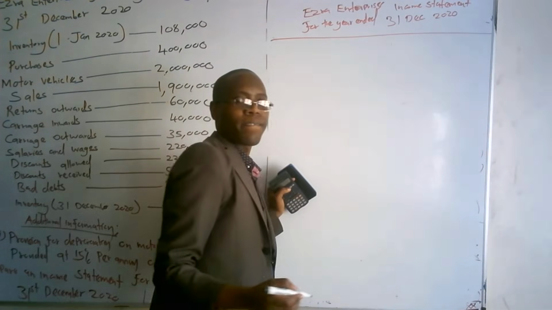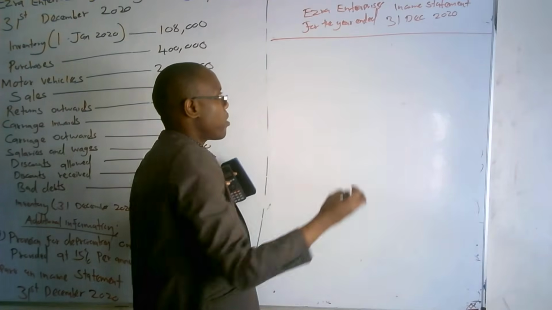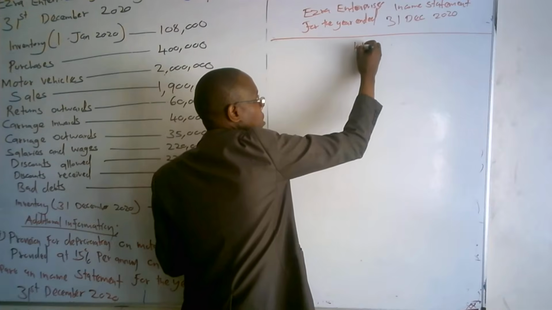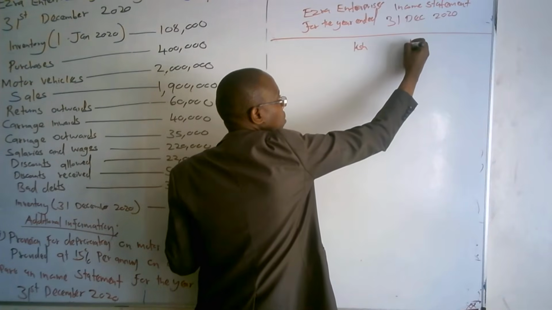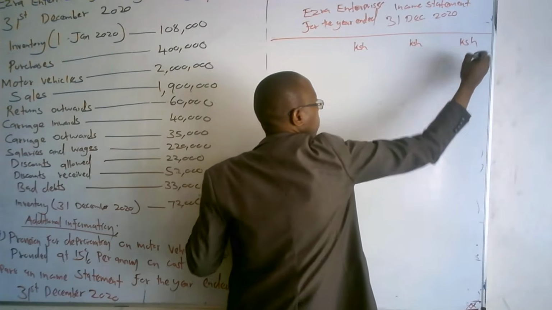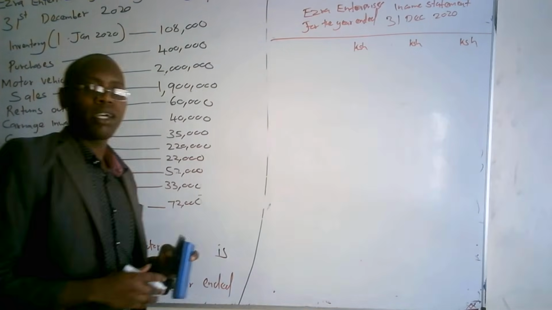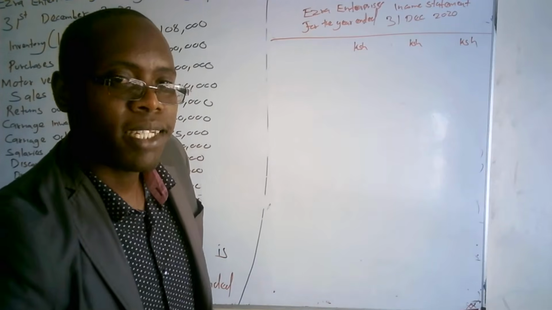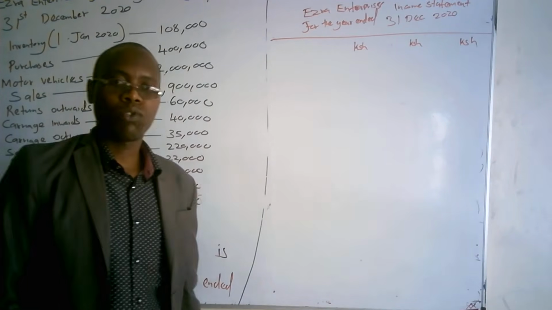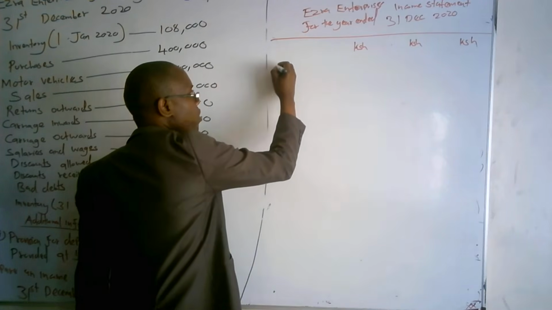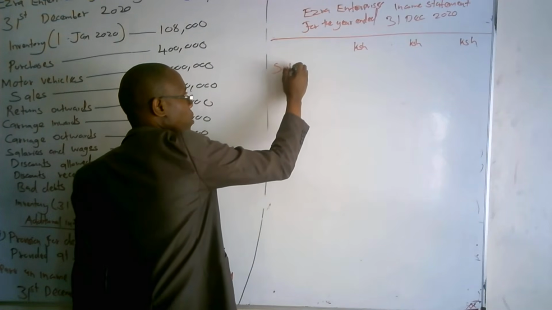So that's how we are going to start it, and we are going to have the three currency signs, Kenyan shillings here, Kenyan shillings there, and the last Kenyan shillings there. So we have those three currency signs, and we always start from the sales.